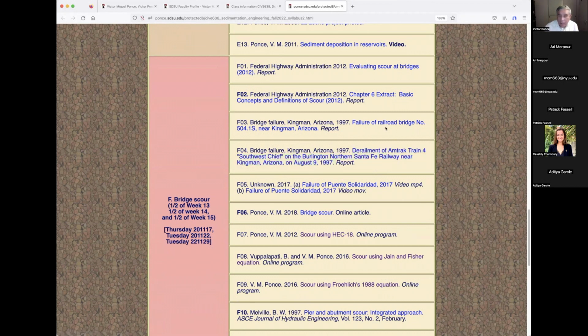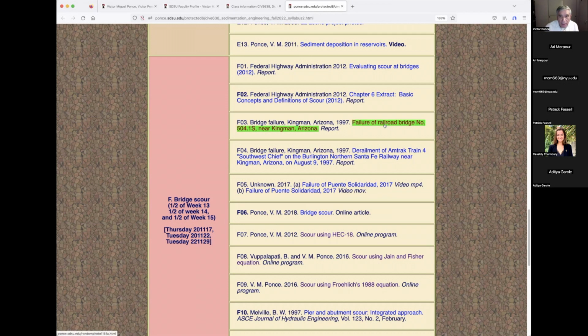The document is called Evaluating Scour at Bridges. It's a very comprehensive document. We were only able to take a bird's eye look at this document, but today we're going to be going in more detail into some of the portions of this document.